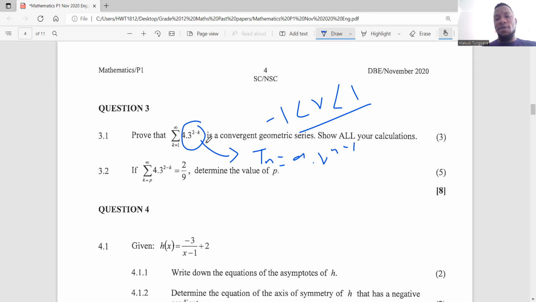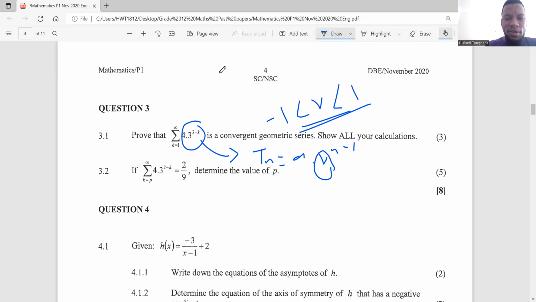Because if you can write it in this form and then prove that r is between -1 and 1, then we solve the question. But at the moment, it's not in a form that tells us whether r is between -1 and 1. So we need to convert it first. Let me open a whiteboard. Maybe we can just write here, it's fine.